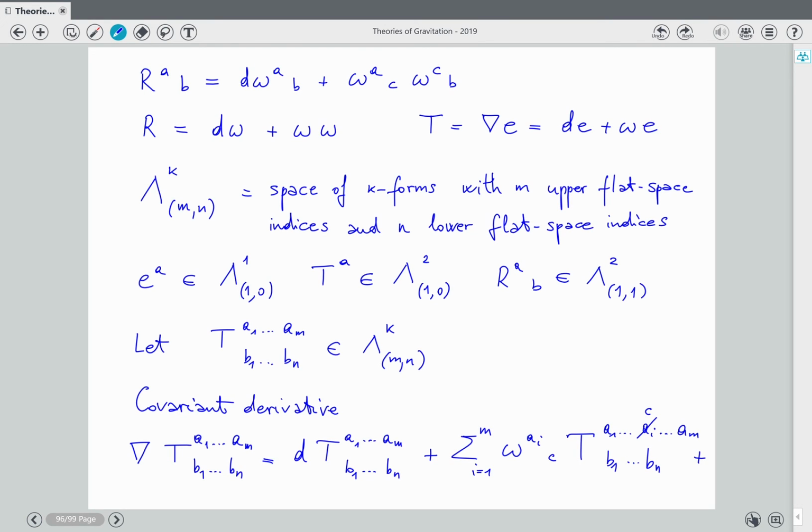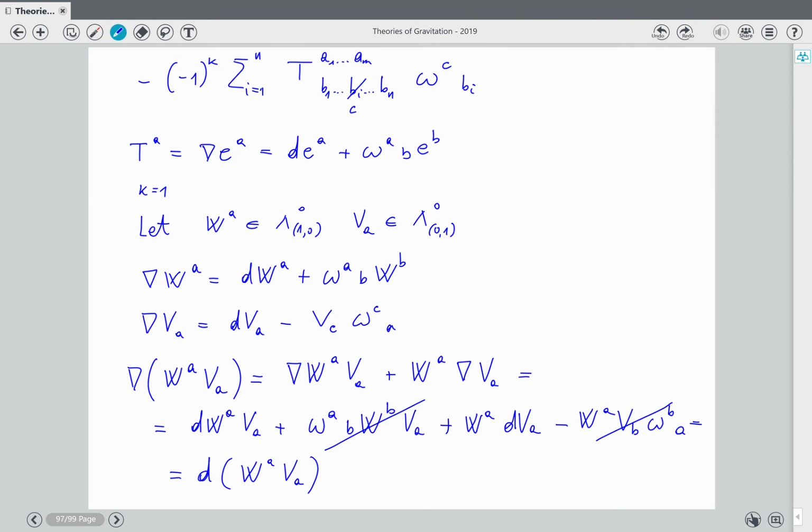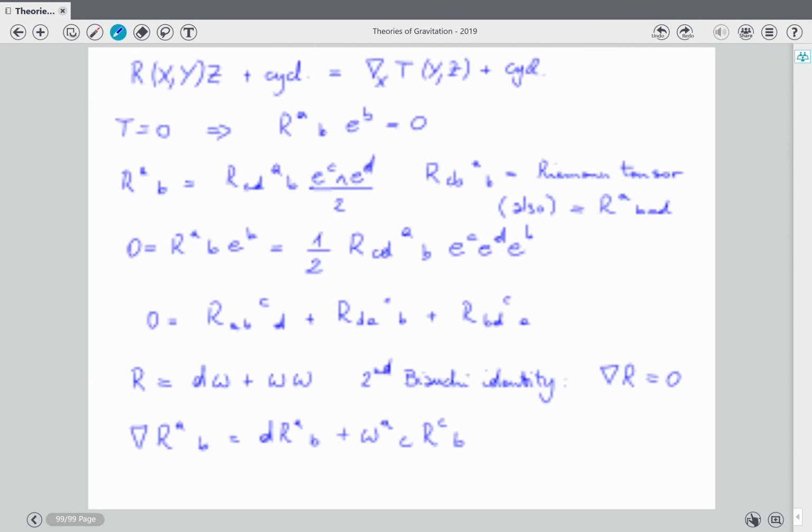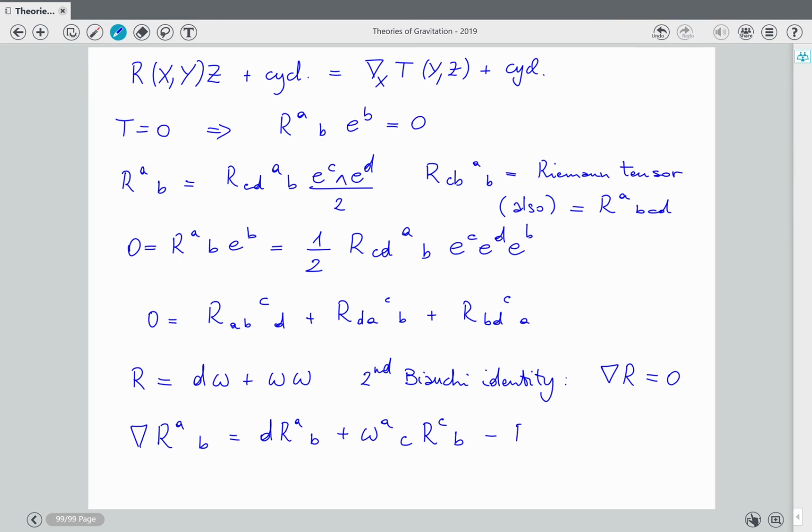Here, this is the covariant derivative. So you have an omega to the right and minus 1 to the power k, where k is the degree of the form. And since the degree of the form is 2, we just have a minus there. So minus R^A_C omega^C_B.